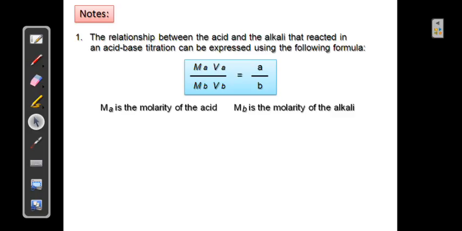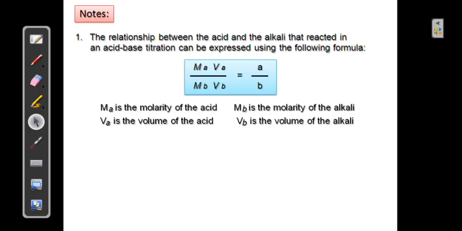Now what about V? VA is the volume of the acid, and VB is the volume of the alkali. So you have the molarity of the acid, you have the volume of the acid. You have the molarity of the alkali, you have the volume of the alkali. So this is what the whole thing is all about, right?